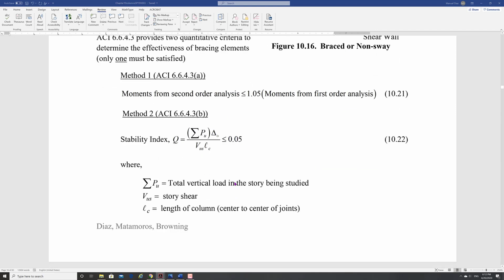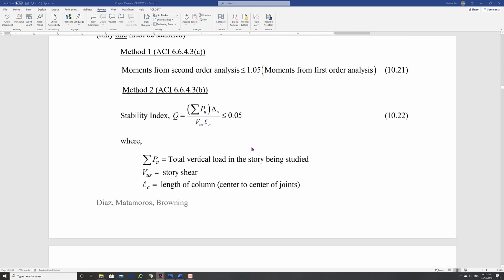Method 2 is using this, which is called the stability index, or simply the Q index method. In this method, it's more like a hand calculation method that you can use. What that means is you're going to do this analysis, and then you use these values from the first order analysis, and you put them here and check them.